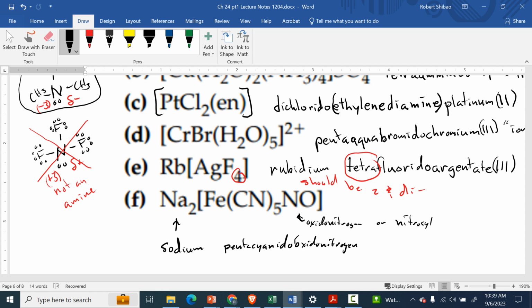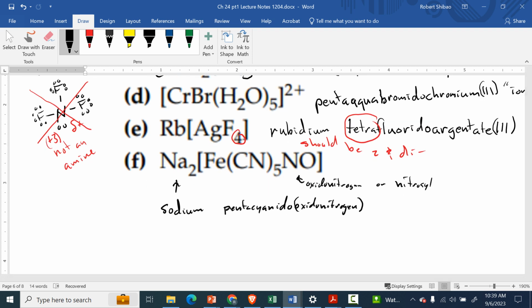We probably should put this in parentheses, because nitrogen, the molecule nitrogen, can be a ligand. Did you know that? It can donate, potentially. Would it be a bidentate ligand or monodentate ligand? Bi? Mono? Yeah. This could be a monodentate ligand.